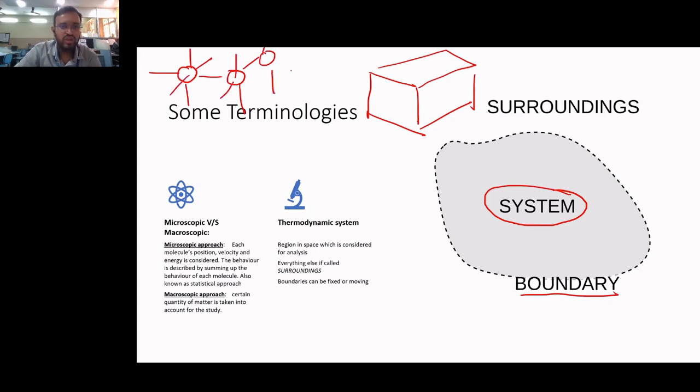In this case, we were analyzing the system in a microscopic approach. While measuring temperature, we were trying to measure the average kinetic energies of each of these molecules, their position, right? So this was an example of the microscopic approach.